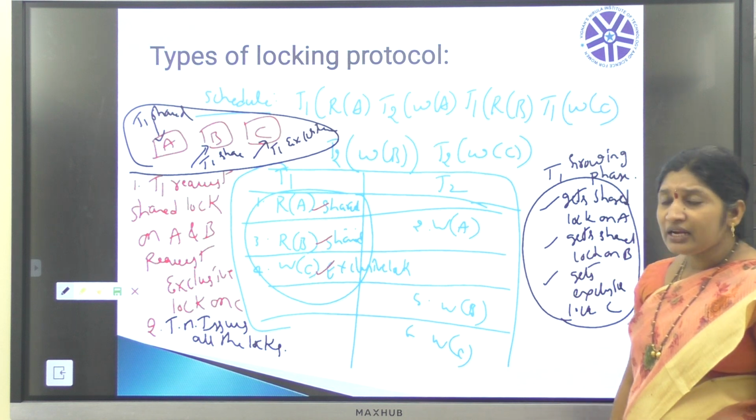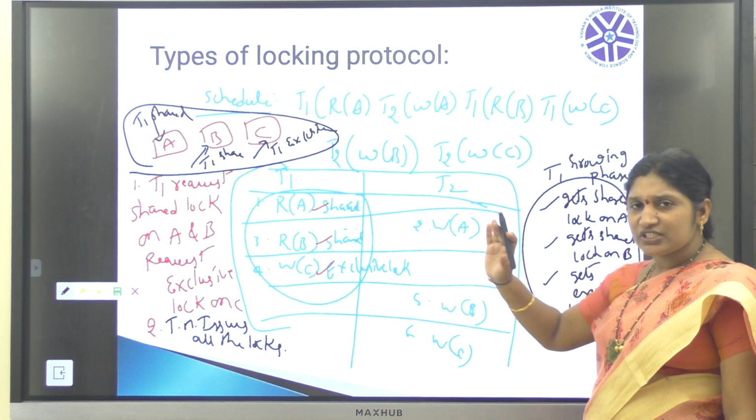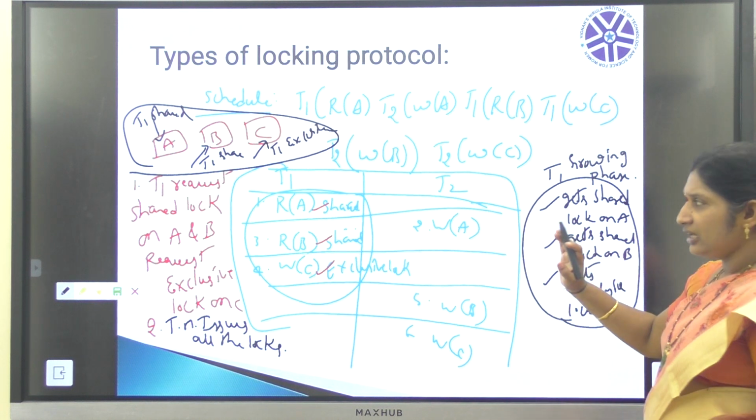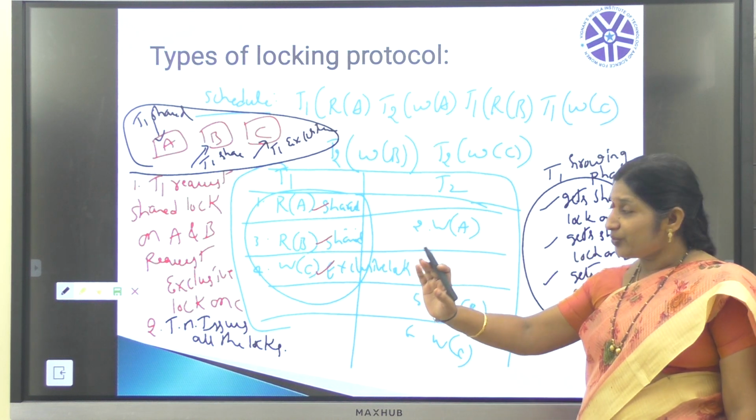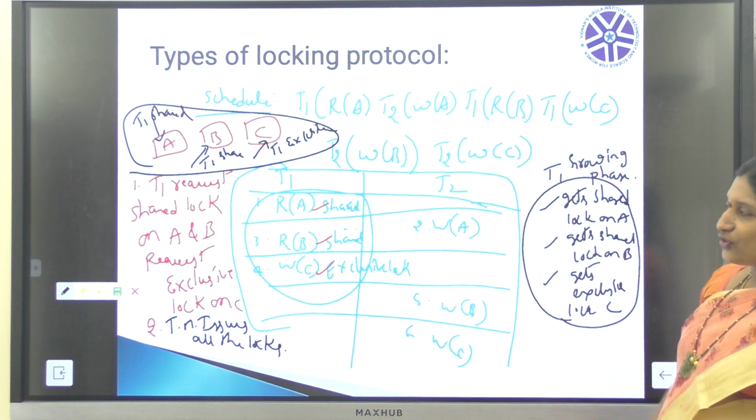Growing phase of your T1. Once it acquires the shared lock on A, after that the shared lock on B, after that the exclusive lock on C, it starts its execution.